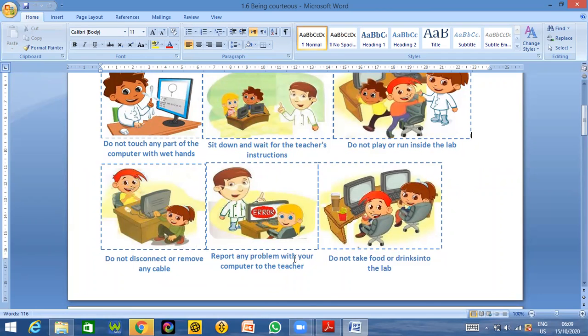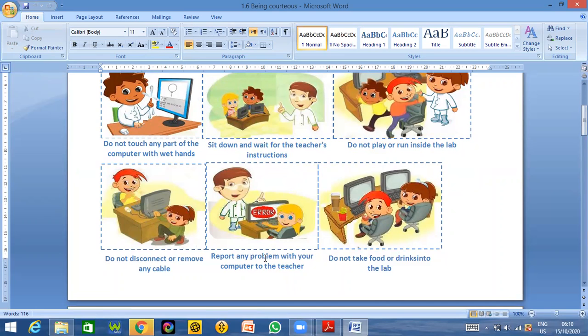Report any problem with your computer to the teacher. If something is not working properly, you can ask your teacher and he will guide you. If you are at home, you can ask your parents to fix your problem.